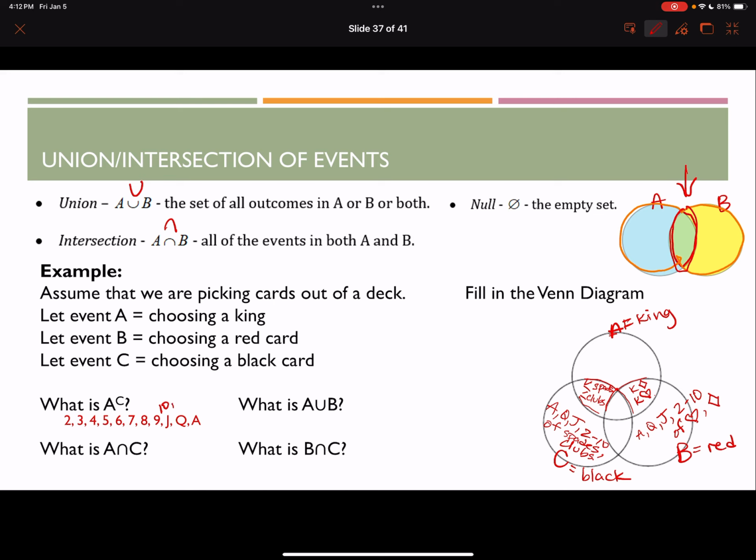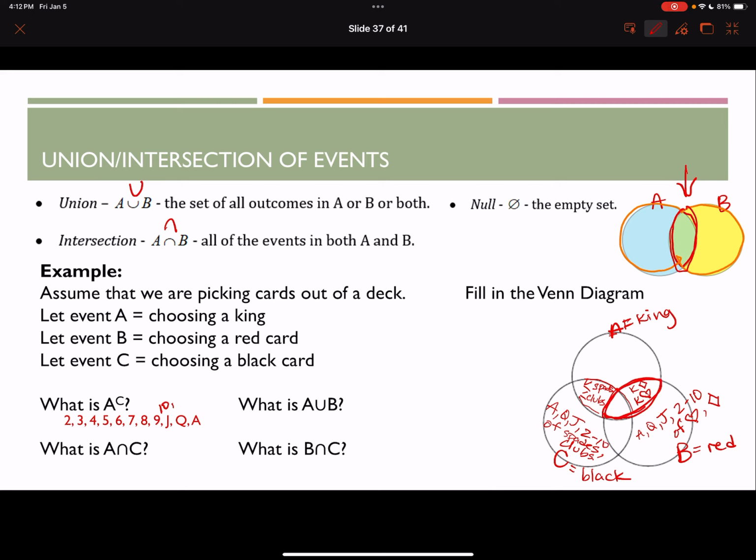Okay. What is A union B? When I think about the Venn diagram, what section is A union B? It's anywhere where A and B are overlapping. So it's this whole thing.